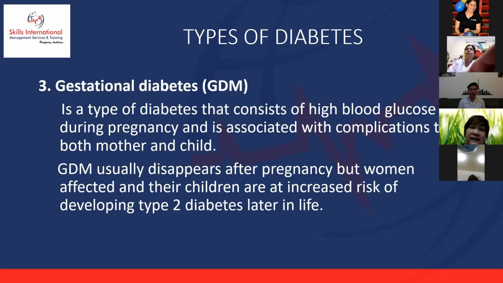We have gestational diabetes, number 3. We have the 3 types of diabetes: type 1, that starts from birth to adulthood, type 2, from adulthood, and type 3 is gestational diabetes. This type of diabetes consists of high blood glucose during pregnancy only, when the mothers are pregnant.